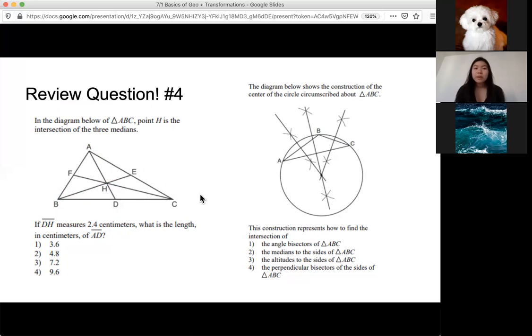Remember, the centroid has the 2/3 rule, and I just wanted you to keep that in mind. I'm going to give you a minute to do that, since I've gone over most of the question. And the next one, you're going to be doing by yourself.